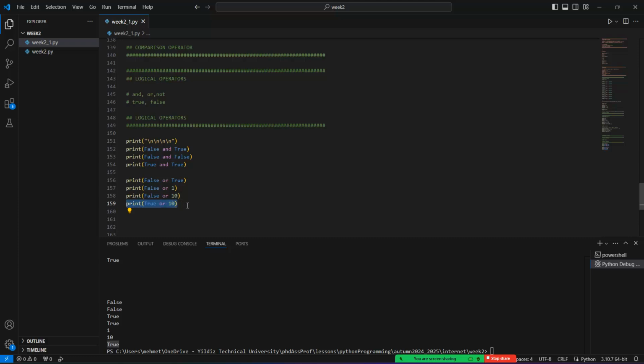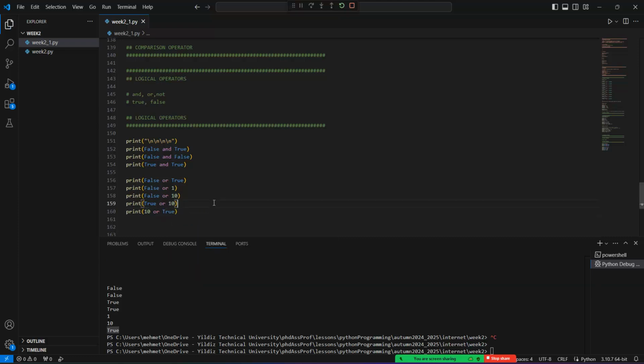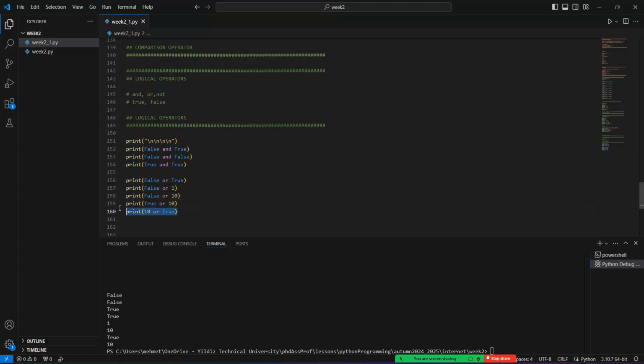Just see that if I use this syntax just like this one, voila. Normally these two conditions must be the same, right? We can think that, but they are not. In the OR operation, the left hand side determines the type of this variable.